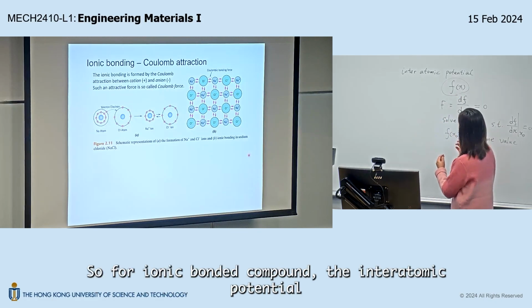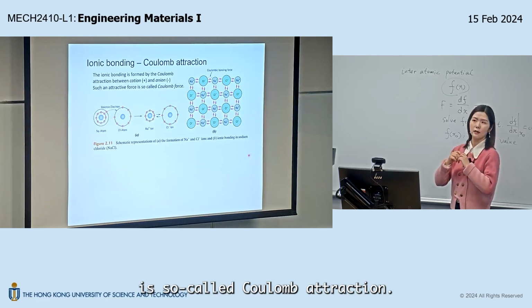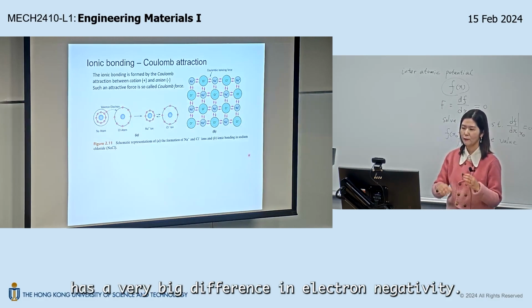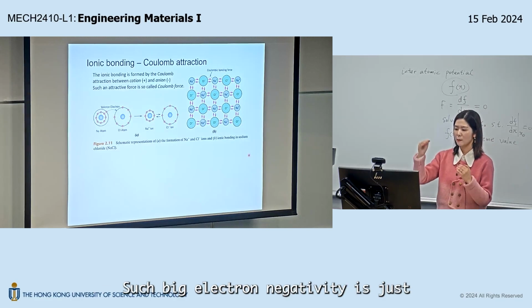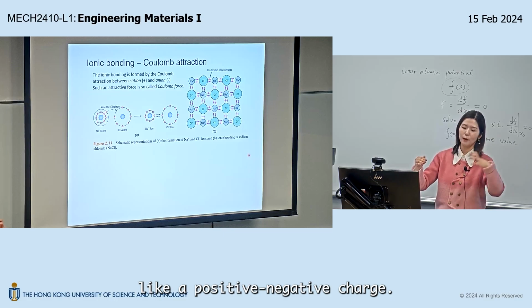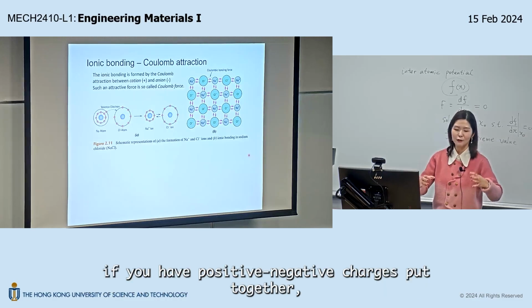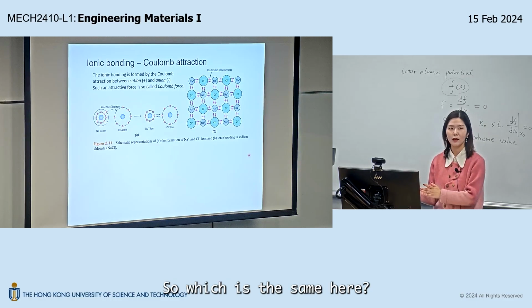So for ionic bonded compound, the interatomic potential is so-called Coulomb attraction. That's because the element to form them has a very big difference in electron negativity. Such big electron negativity is just like a positive negative charge. So in your high school or middle school physics, if you have positive negative charges put together, that's Coulomb attraction. Which is the same here in material.